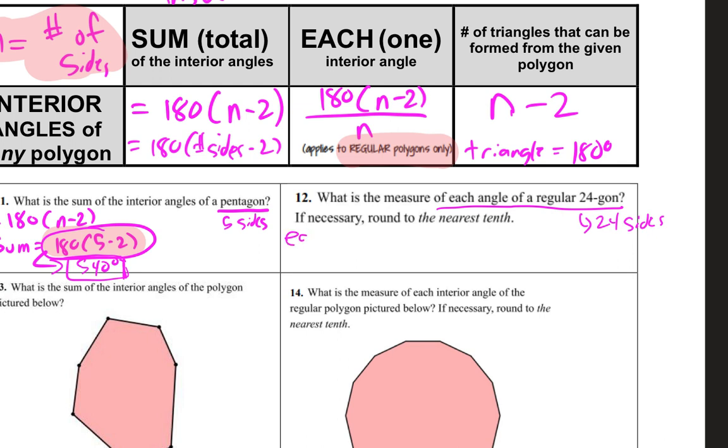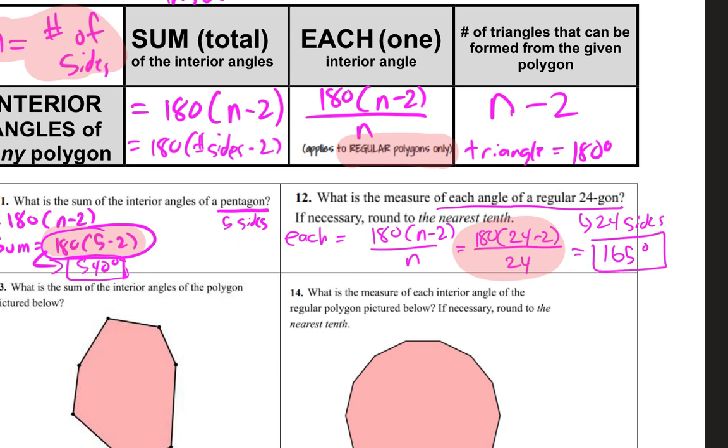So that's going to be equal to 180 times 24 minus 2 over 24. We said n is the number of sides. So 24 minus 2 over 24. We put that into our calculator, and that's going to give us 165 degrees.